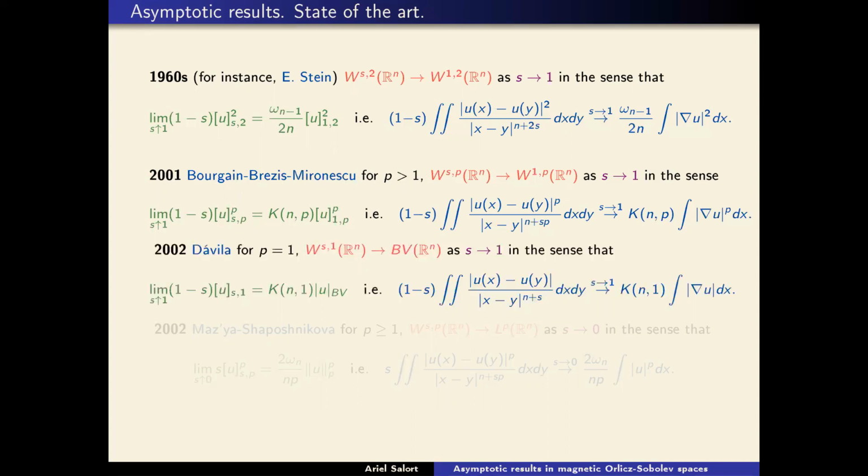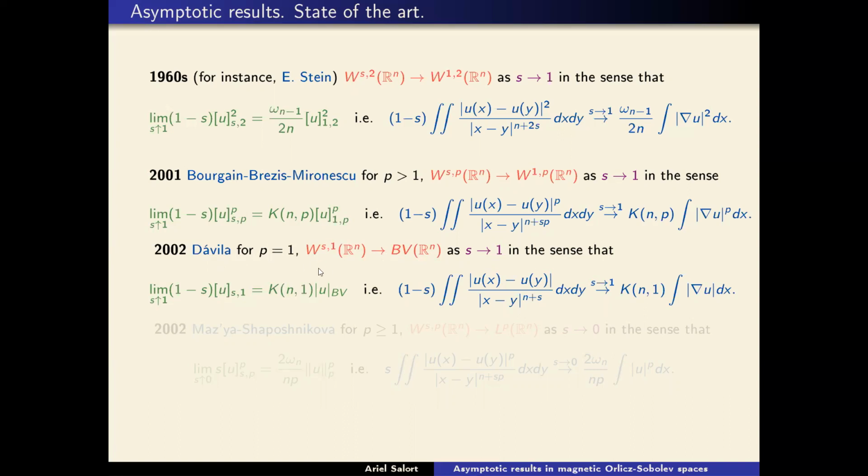The case when p is equal to 1 was covered by Juan Davila in 2002. He proved that the space W^{s,1} goes to the space of functions of bounded variation. And the convergence is in a similar sense.